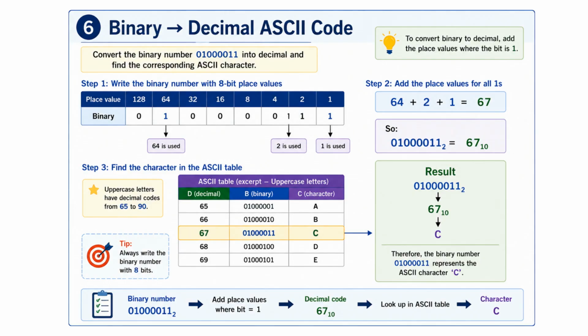Next, look up decimal 67 in the ASCII table. We can see that 67 represents uppercase C. Therefore, 01000011 equals 67, which represents the character C. This is how we convert from binary to decimal, and finally, to an ASCII character.